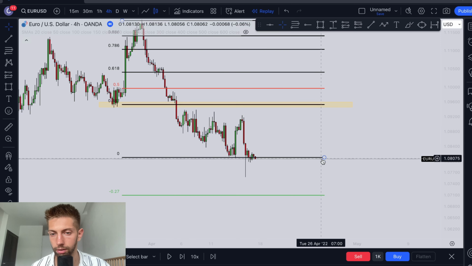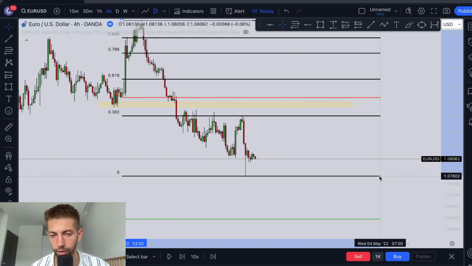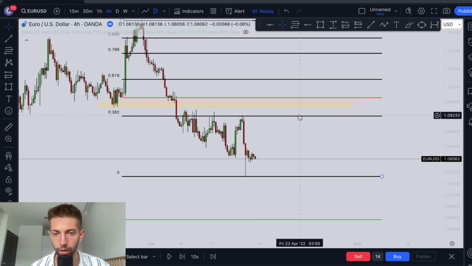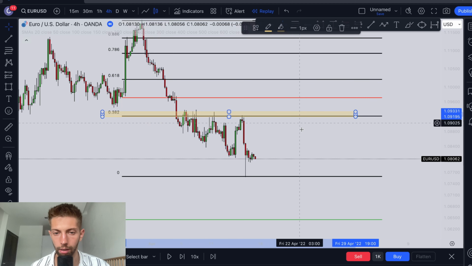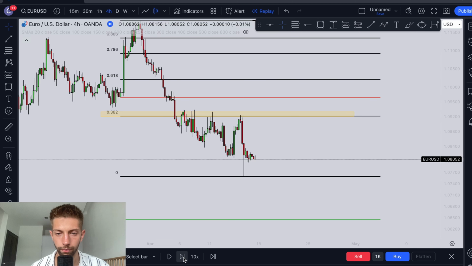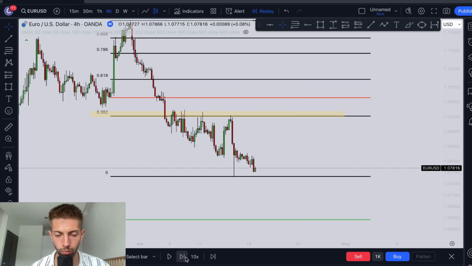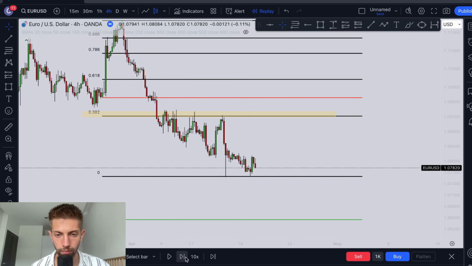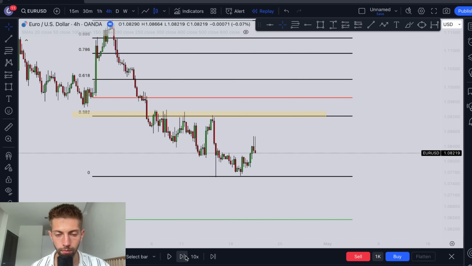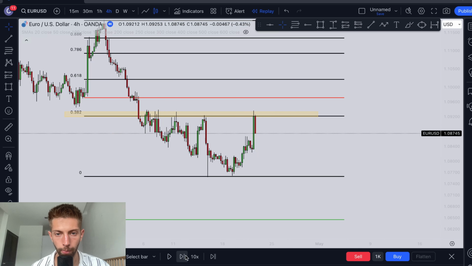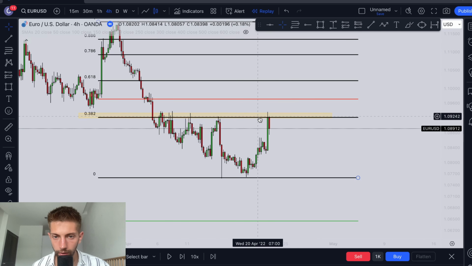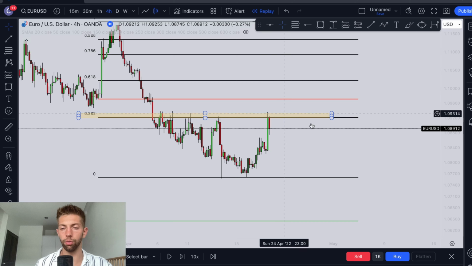So what I'm doing, I'm again adjusting the Fibs, and I want to see a pullback of at least 38.2%. Yes, and we got a pullback to the 38.2%.